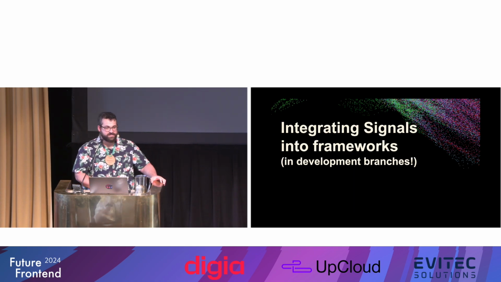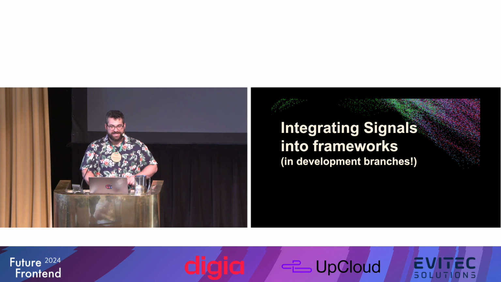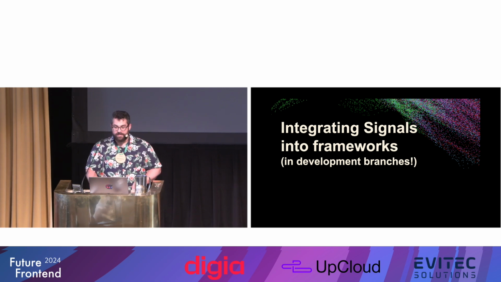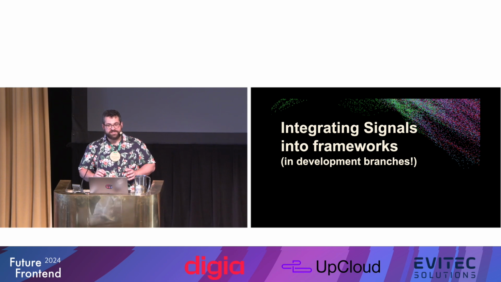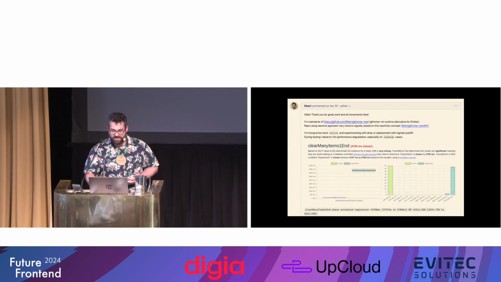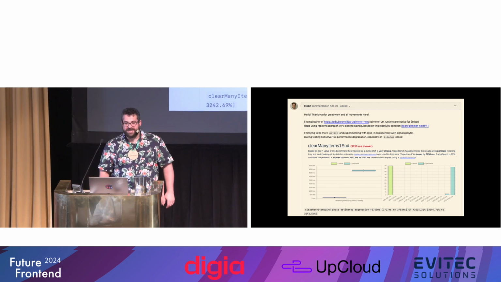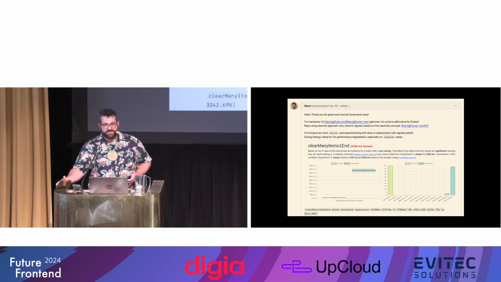And the other side of the coin is integrating signals into frameworks. So frameworks being things like Vue or Preact that help you render your state to HTML, to the DOM. One experiment was done with integrating signals into Ember, but experiments have also been done with Vue and Lit and several other frameworks.